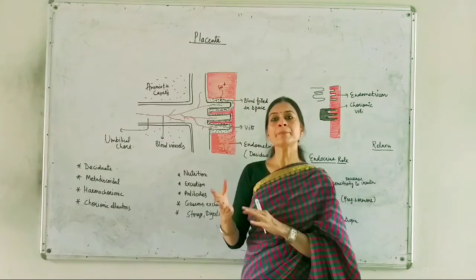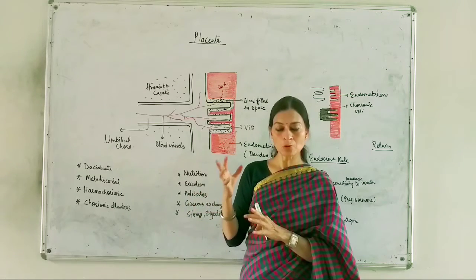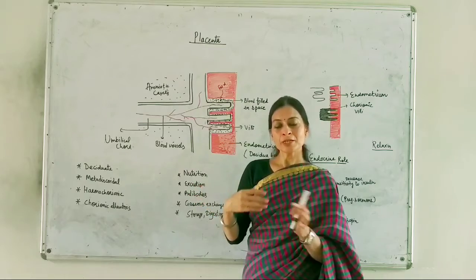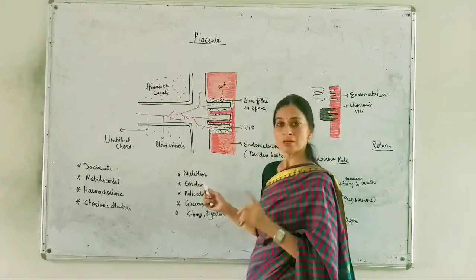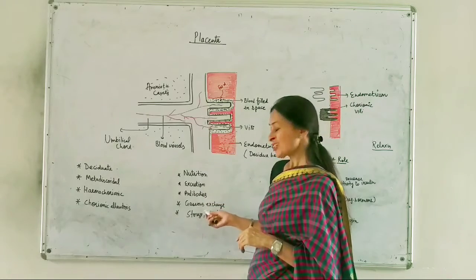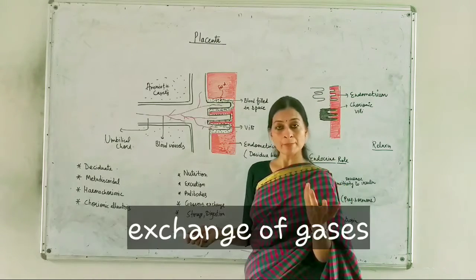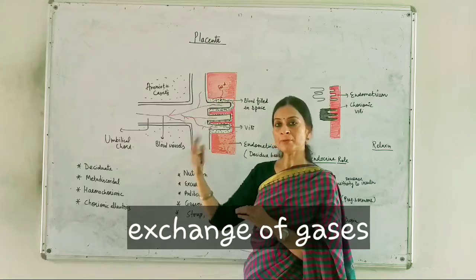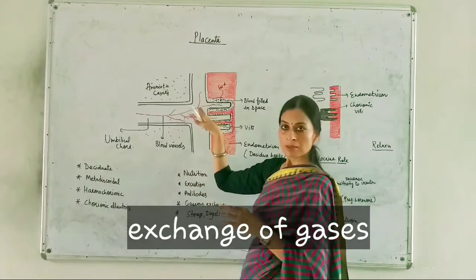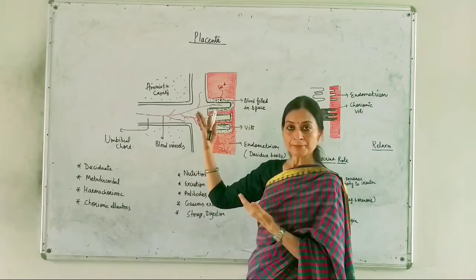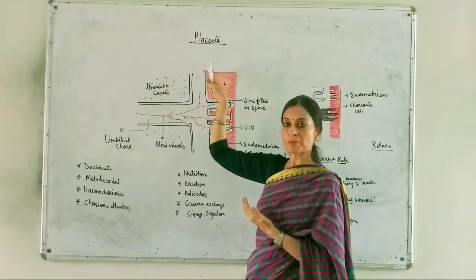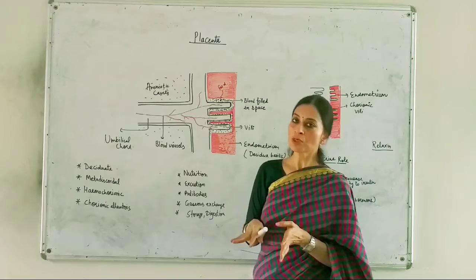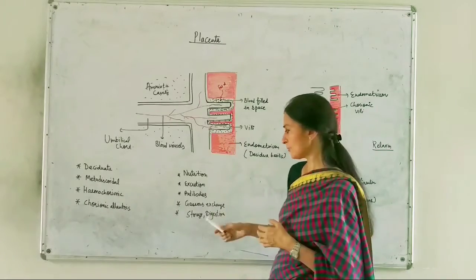It is totally dependent on its mother during the gestation period for everything, like nutrition, excretion, and exchange of gases. Carbon dioxide from the fetus will be removed through the blood of the mother, and oxygen from the mother's blood will be given to the fetus, again through this placenta.